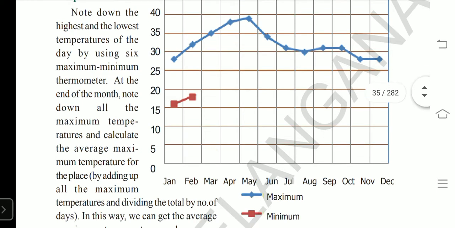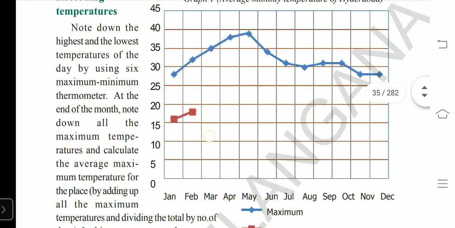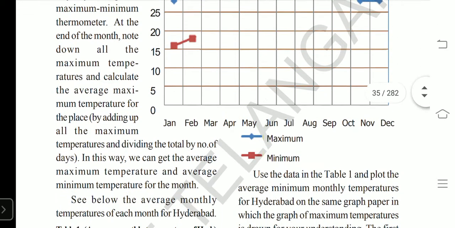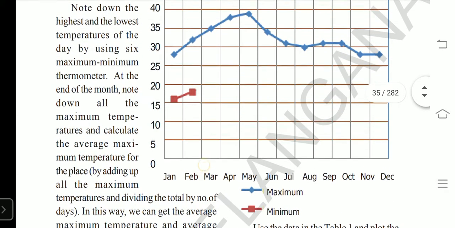Maximum temperature is recorded with a blue line, and minimum temperature with a red line. Generally, red indicates hot and blue indicates cold. But in this graph it is used in reverse, so keep that in mind and we will move on with this.